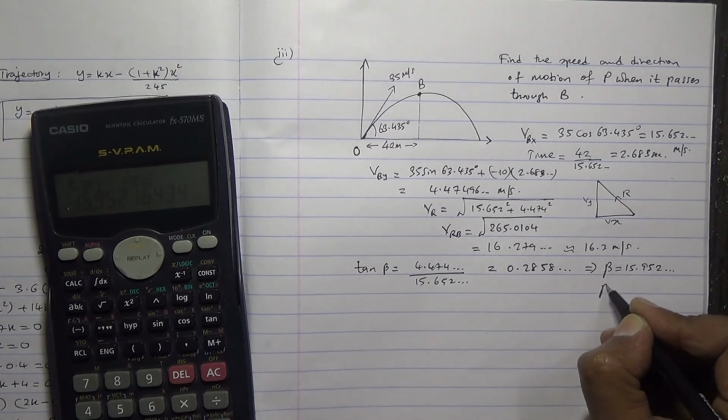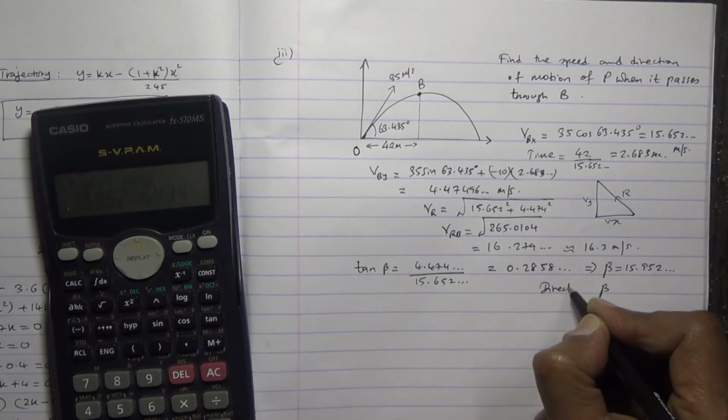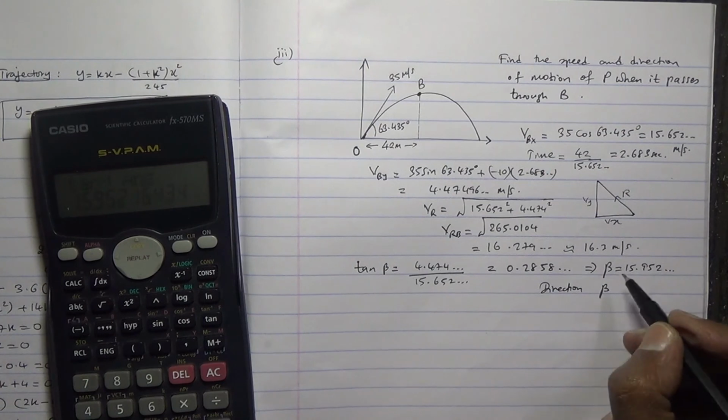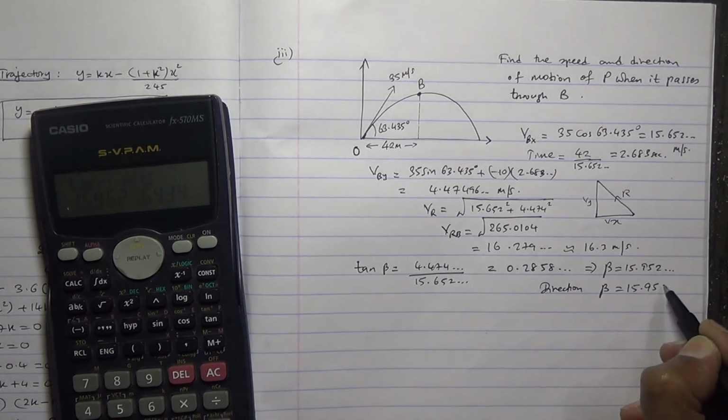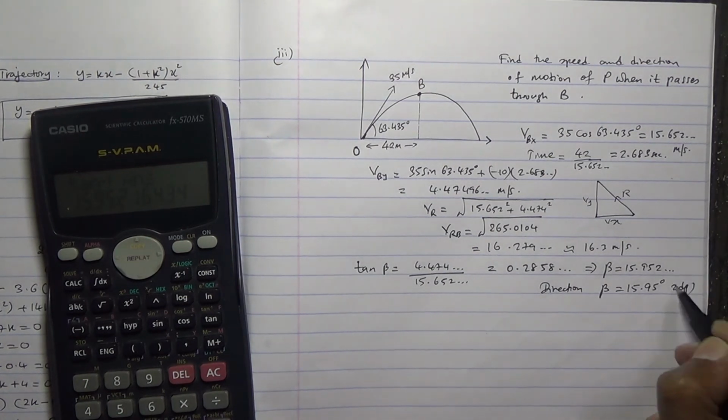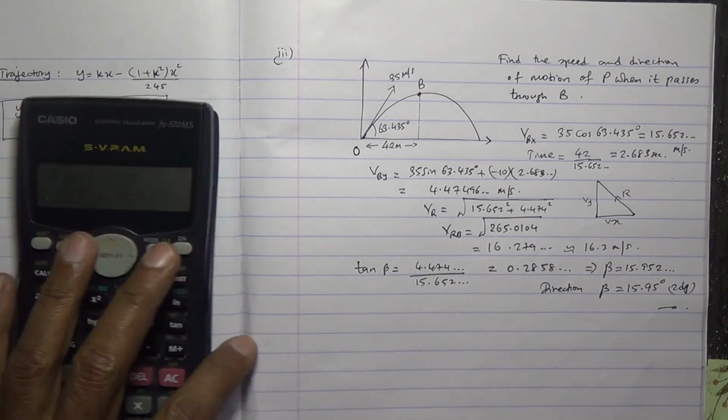So to two decimal places, the direction of the motion of the particle is 15.95 degrees. Here we are for this question. Take care.